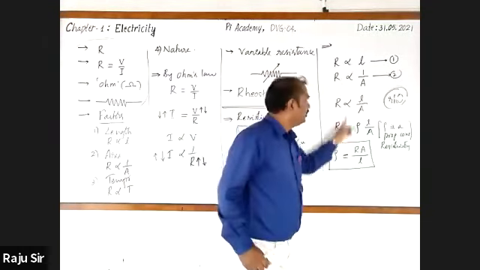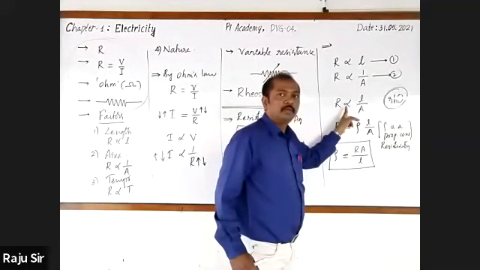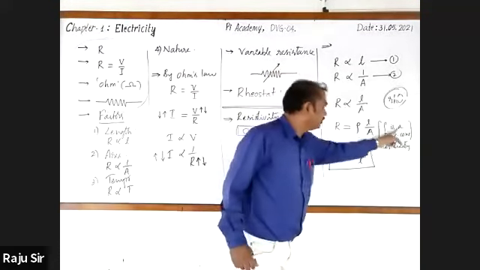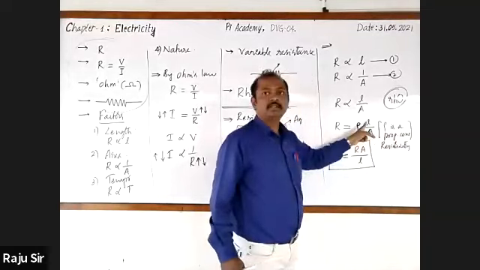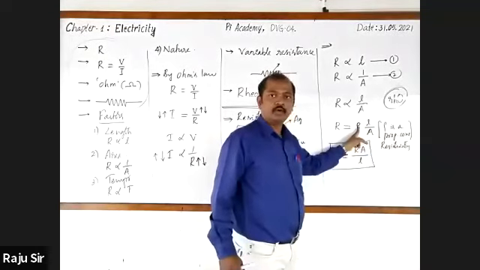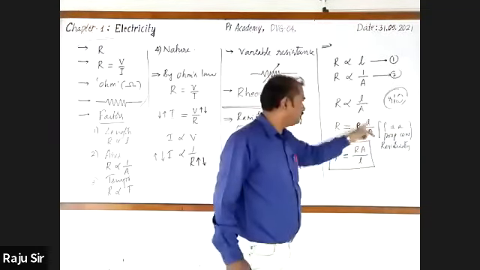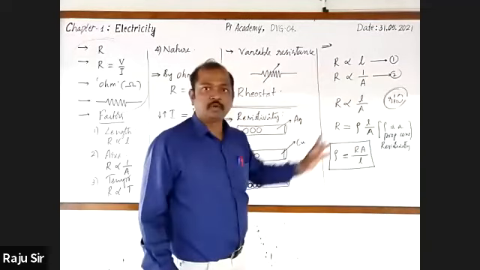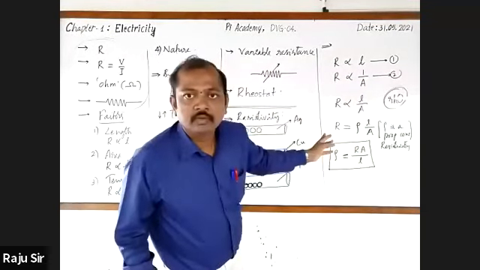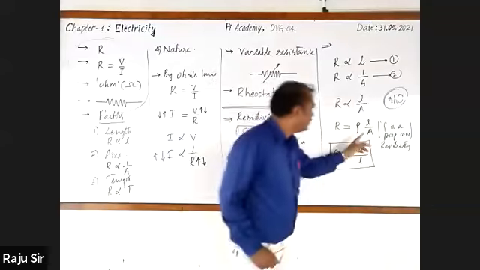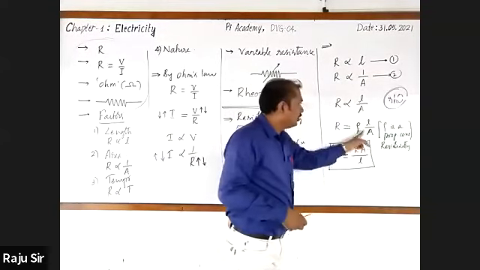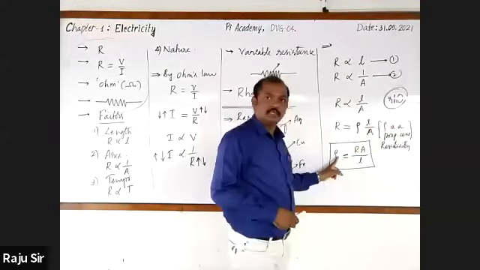And to remove proportional, we assume the proportionality constant, that is rho. Now it can be written as rho into L by A, where rho is electric resistivity. Let us solve this.